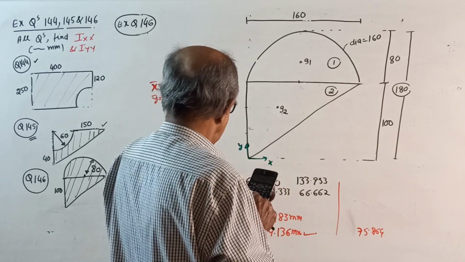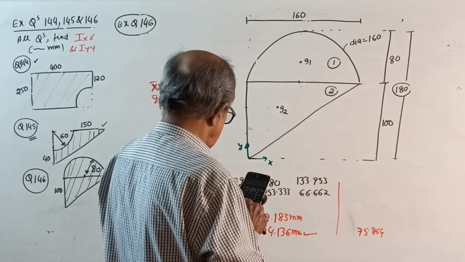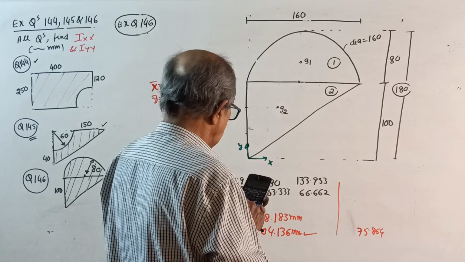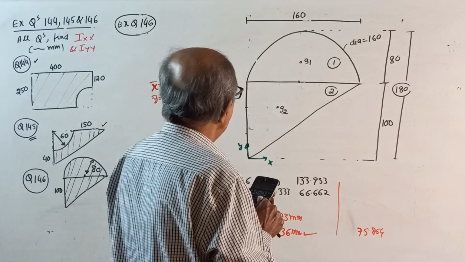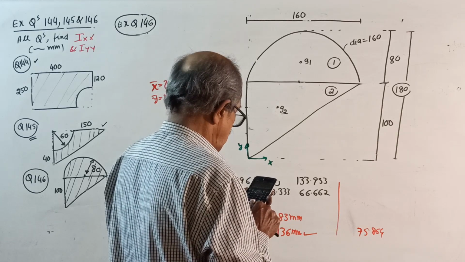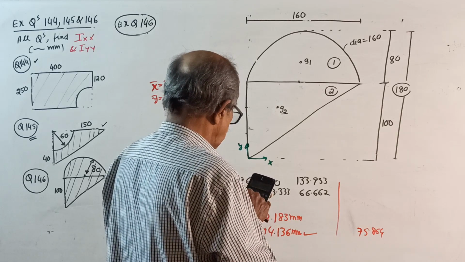From that side, 10053.096 into 80 plus 8,000 area into 2 by 3 of 160 divided by shift store A.